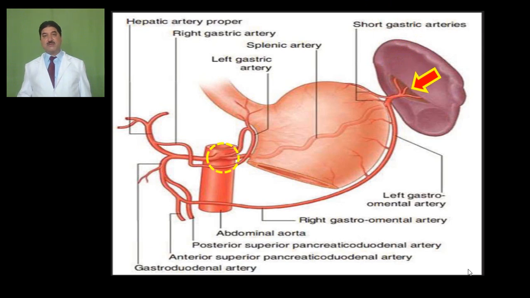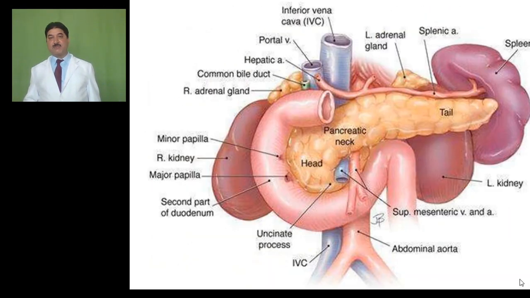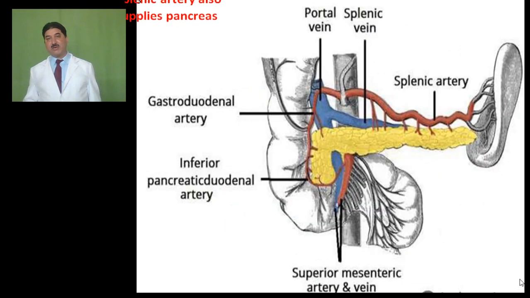In addition to the spleen, this vessel also supplies the stomach through short gastric arteries and the left gastroepiploic artery, which is also called the left gastro-omental artery. In this diagram, we can see the splenic artery originating from the celiac trunk. It passes towards the hilum of the spleen. It also supplies the pancreas by giving many branches to the body of the pancreas.